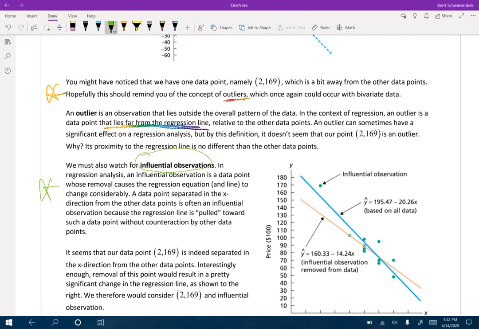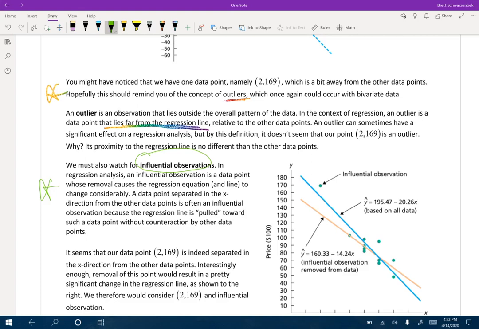In regression, an influential observation is a data point whose removal causes the regression line to change considerably. Usually, a data point separated in the x direction from the other data points is often influential because the regression line will be pulled towards such a point.